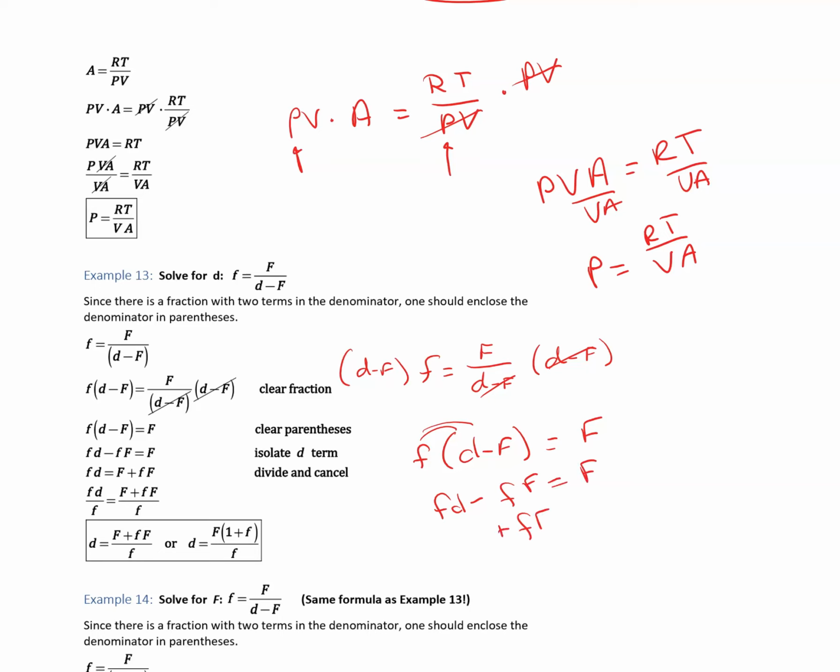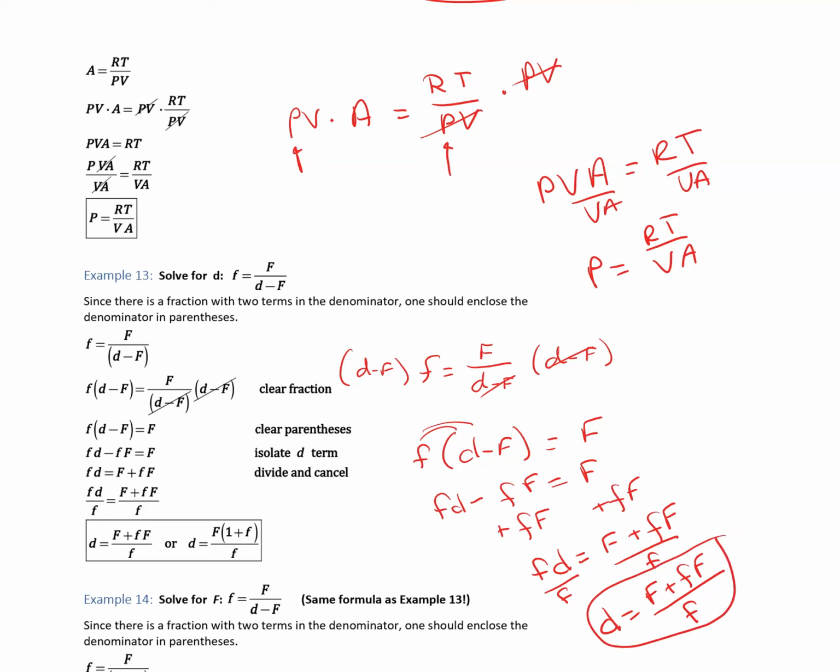Add this term to both sides. So I get little f d is equal to F plus little f. Divide by little f, because I'm solving for d, and I get capital F plus little f, capital F over little f. These cannot cancel. Again, I have to have the little f everywhere. So this is the final answer for that.